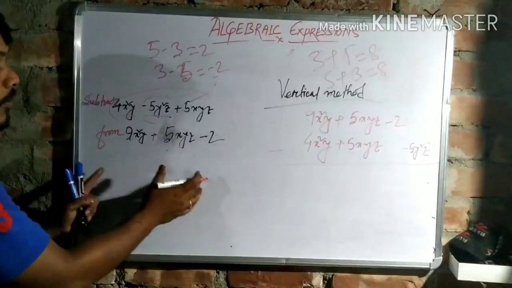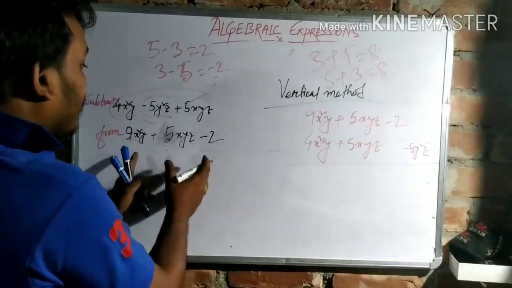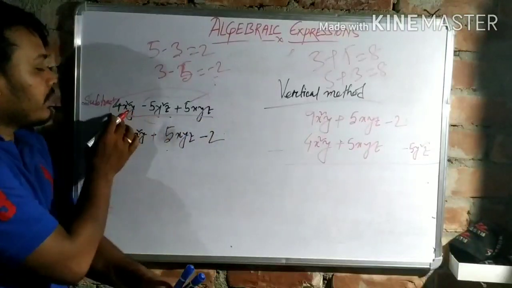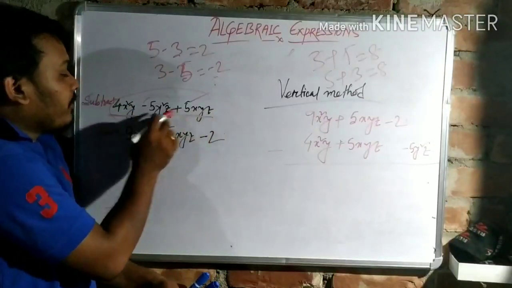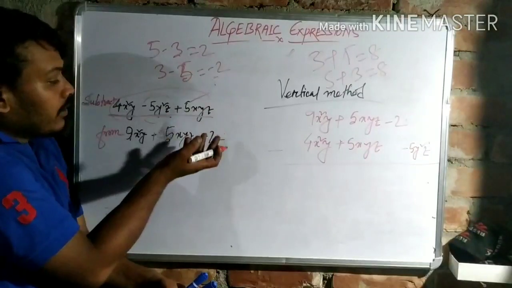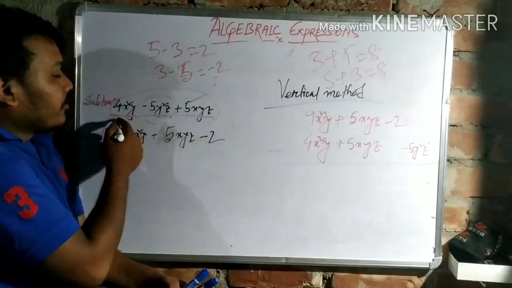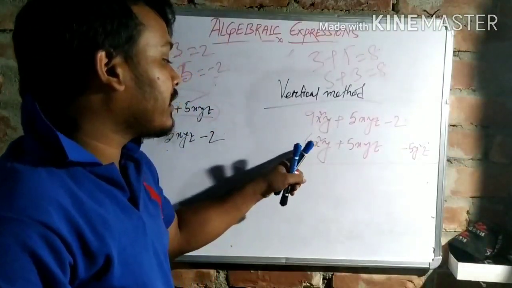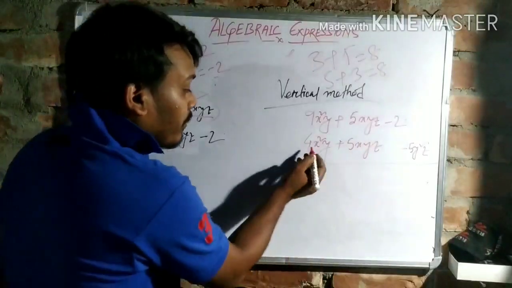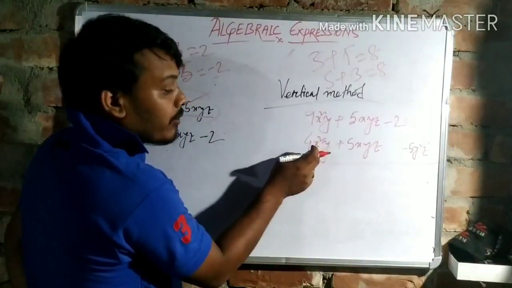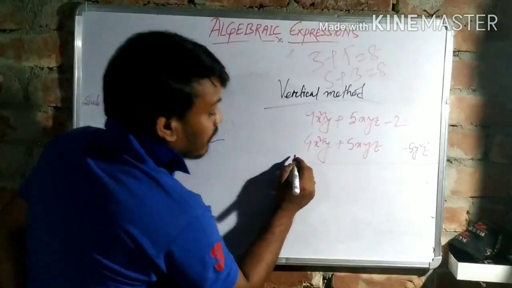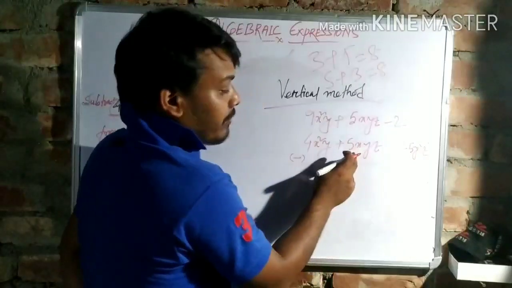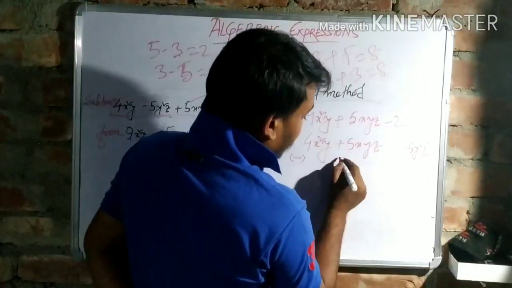So here when we remove the bracket, the signs of the terms in this expression change. In case of minus, we must change the sign of this number. So what is the sign now of 4x square y? Plus. So it becomes minus. What is the sign of 5xyz? Plus. So it also becomes minus.